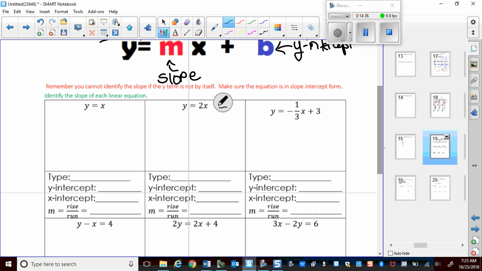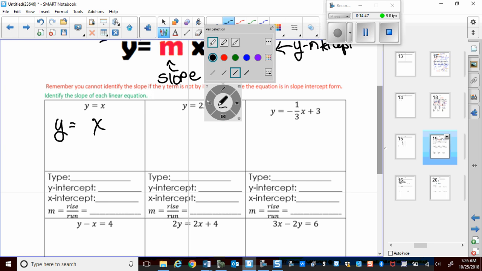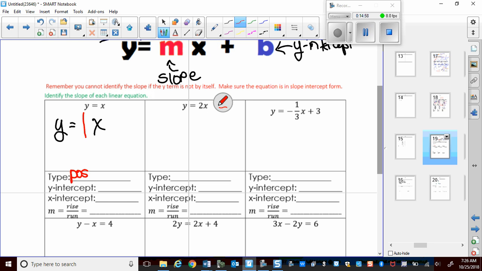Now, identifying the slope of each equation, it's the number in front of x. Okay, so we're going to rewrite this. Y equals a variable x. When there's no number in front, this number is always 1 in front attached to a variable. So my slope here is a positive number, so it's a positive slope. Okay? Now, the y-intercept is 0, 0.